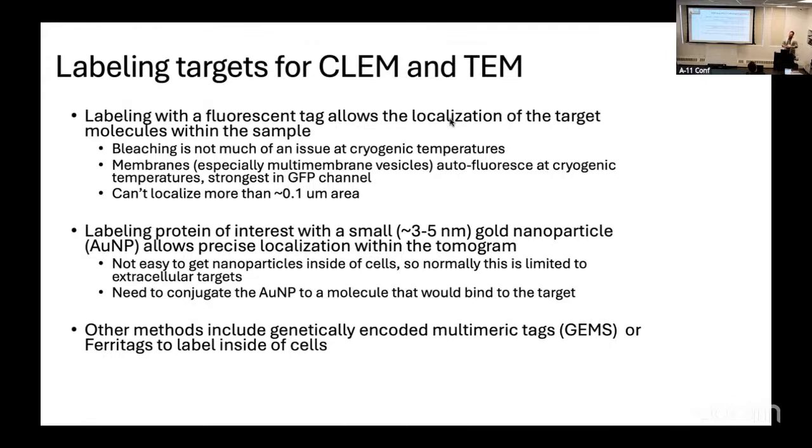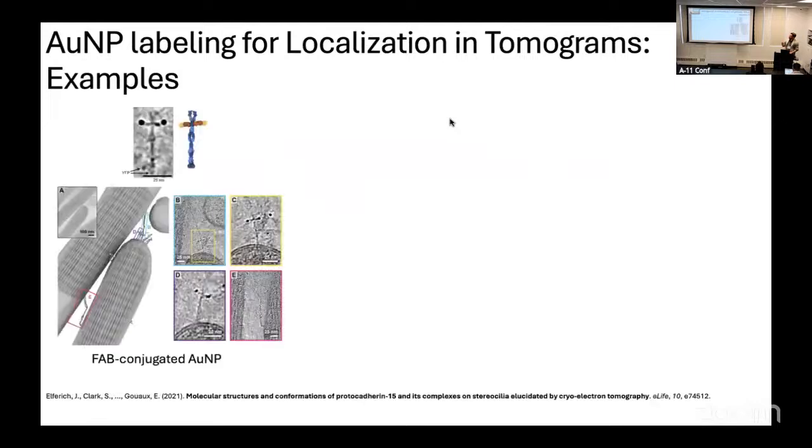If you're looking at a ribosome, you'll know where the ribosomes are. If you're looking for a mitochondria, you can find the mitochondria, and you can look for things on it. But say you're looking for a T cell receptor: where is it? It's really hard to tell. There's a lot of things in the membrane, but if you label with the gold nanoparticle, then you'll be able to localize. These are just some recent examples.